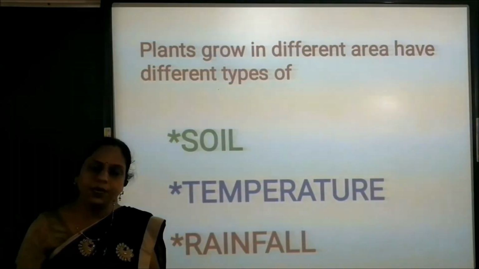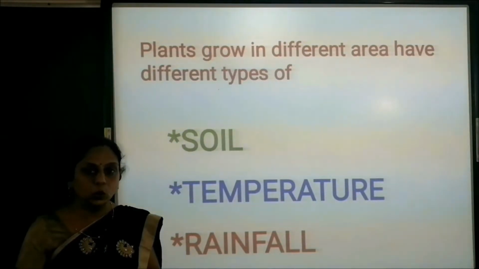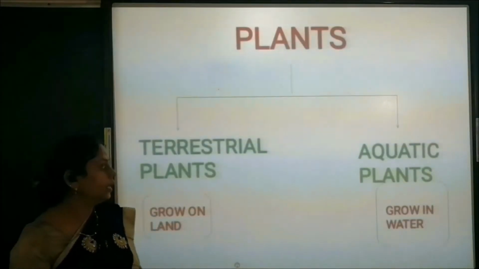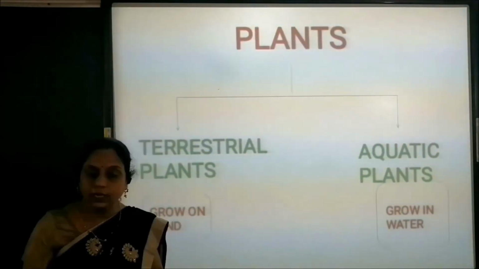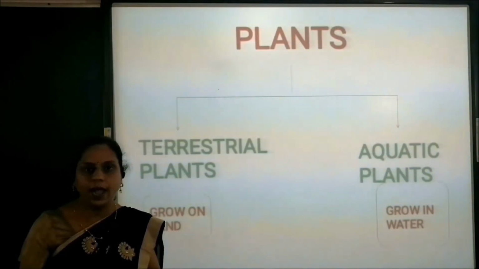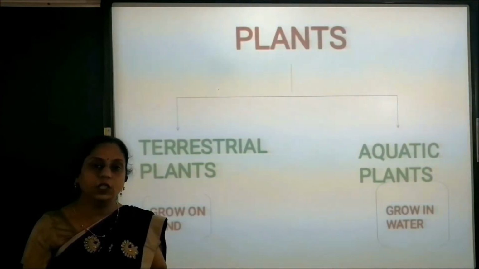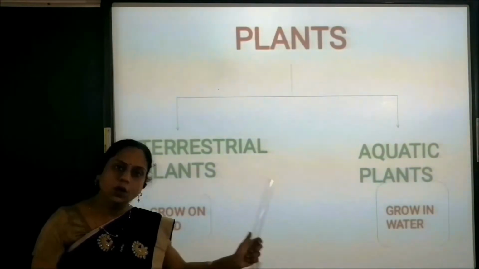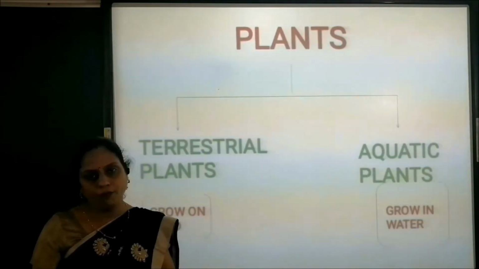So on the basis of these, the plants are categorized into two groups. What are they? They are terrestrial plants and aquatic plants. Terrestrial plants are those plants which grow on land. And aquatic plants are those plants which grow in water. So in this chapter we will discuss both types of plants.